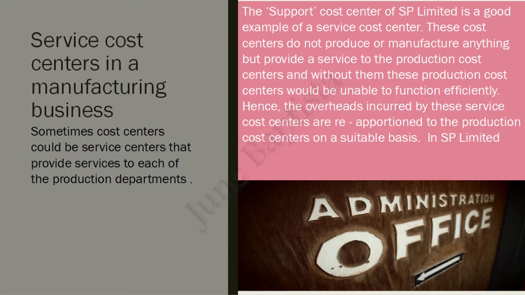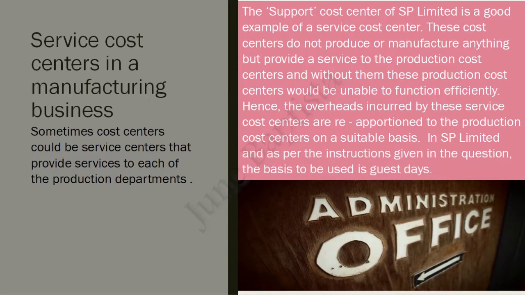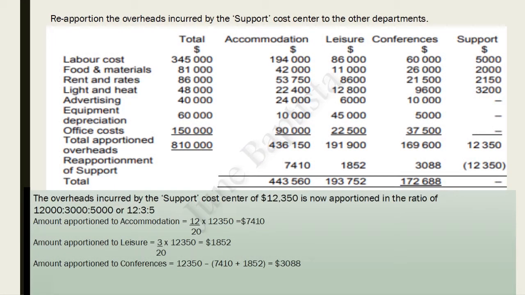In SP Limited, in the previous slide, and as per the instructions given in the question, the basis to be used is guest days. The overheads incurred by the support cost center of $12,350 is now apportioned in the ratio of 12,000 is to 3,000 is to 5,000, or 12 is to 3 is to 5.